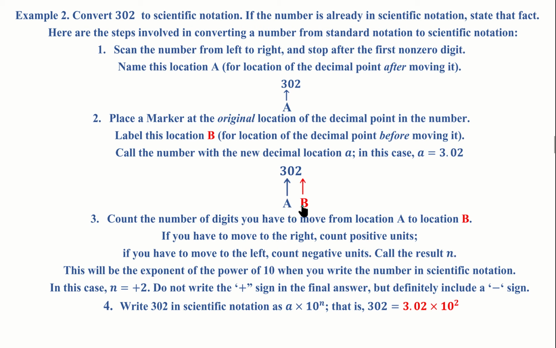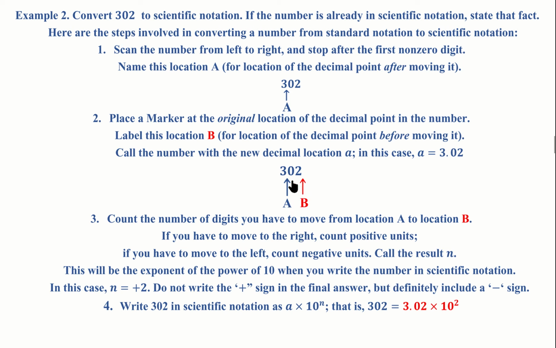So from A to B. Now, if we end up having to move to the right to get from A to B, the number of digits that we have to move, we're going to call it N. And if we move to the right, we're going to count it as a positive 2. If we had to move to the left, we would have used a negative number for N.